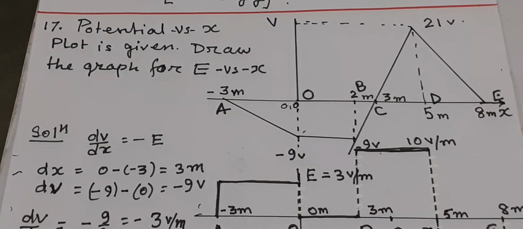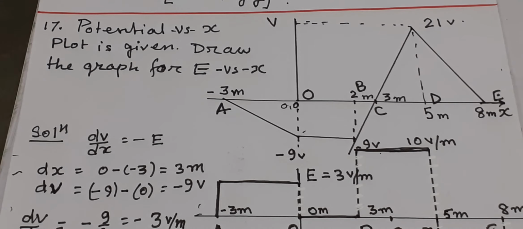Now from here, as in the earlier equation, dV by dx is minus E. If the gradient dV by dx is negative, then the electric field will be on the positive side. If dV by dx is positive, then the electric field will be negative, and vice versa.